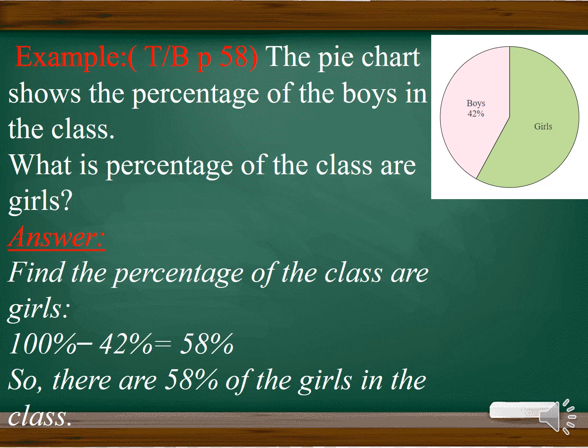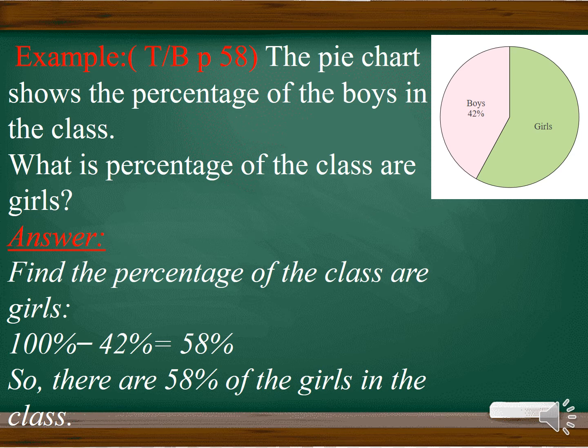The pie chart shows the percentage of the boys in the class. What is the percentage of the class that are girls? Okay, now we have boys 42% and we find the percentage of the girls. Okay, you know that the total of the pie chart is equal to 100%.